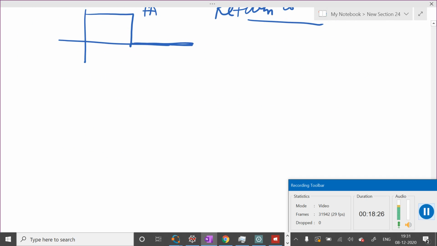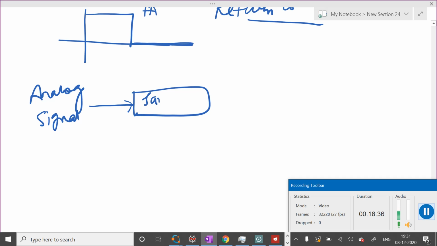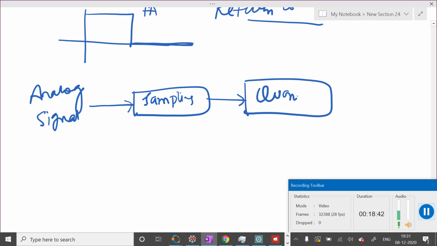So what we have: you had an analog signal. You did sampling. Now you had a sampled signal. You did quantization. Then you did pulse coded modulation.